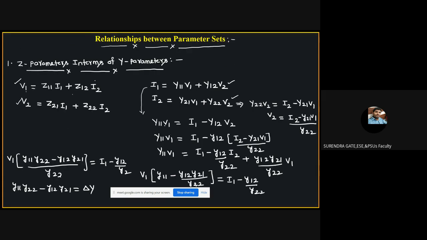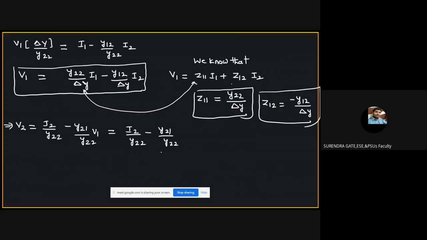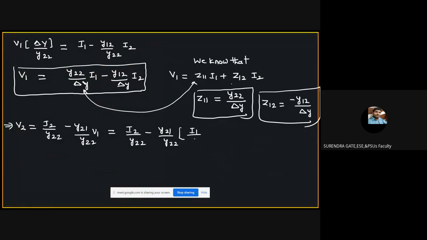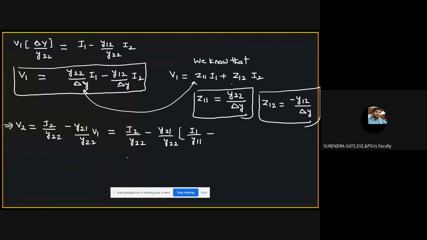This V1 I want to eliminate, because we want to write V2 in terms of I1, I2. V1 I am writing from this one: I1 by Y11 minus Y12 by Y11 into V2.